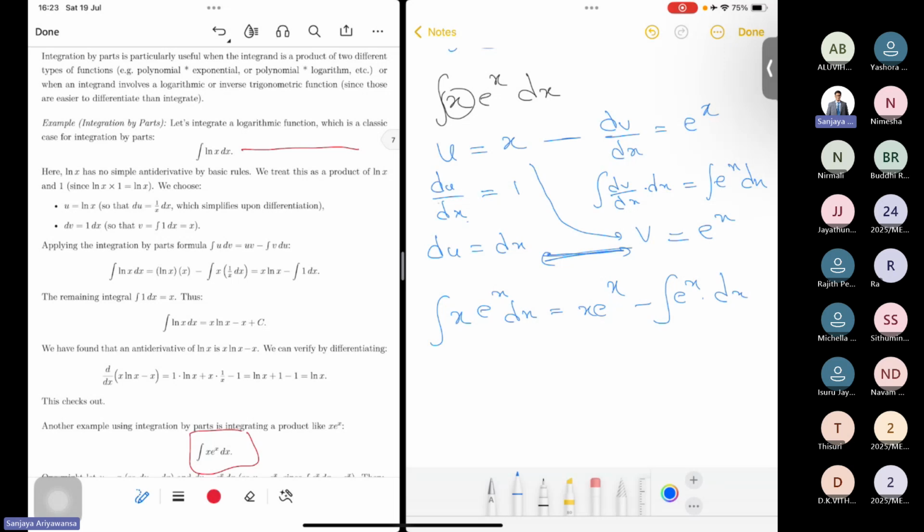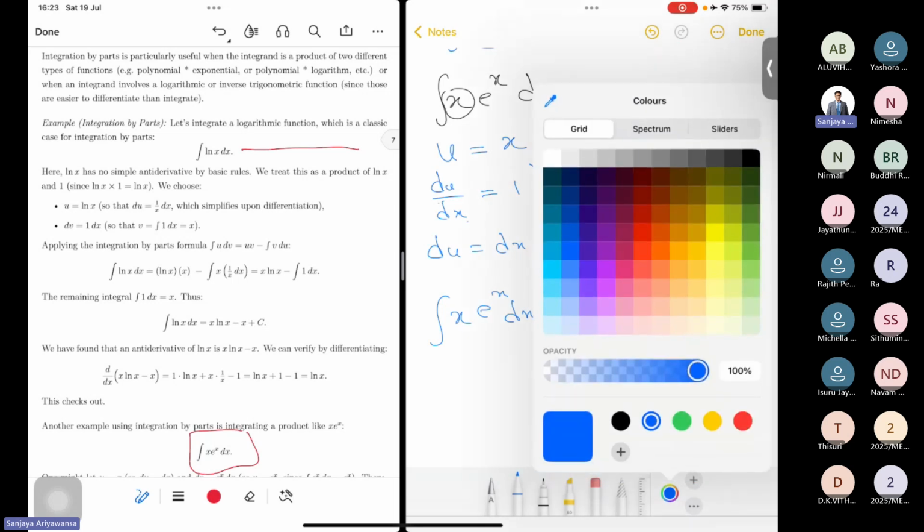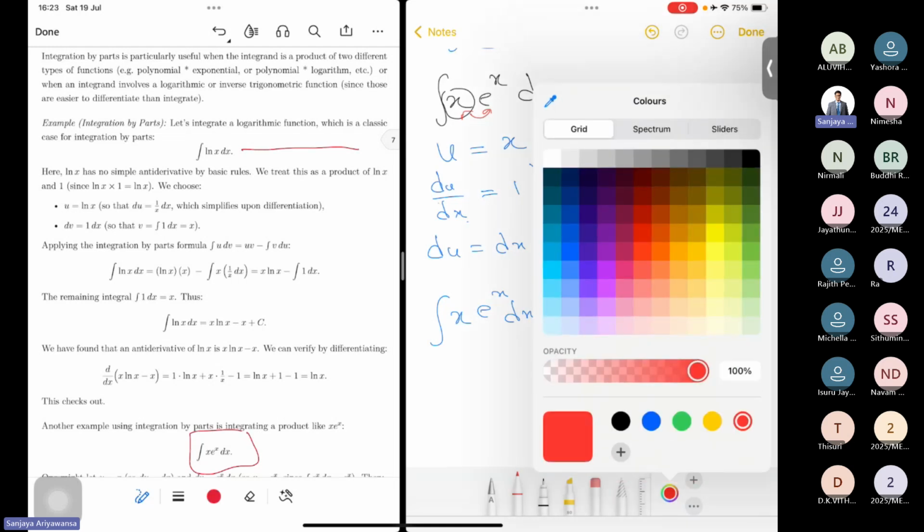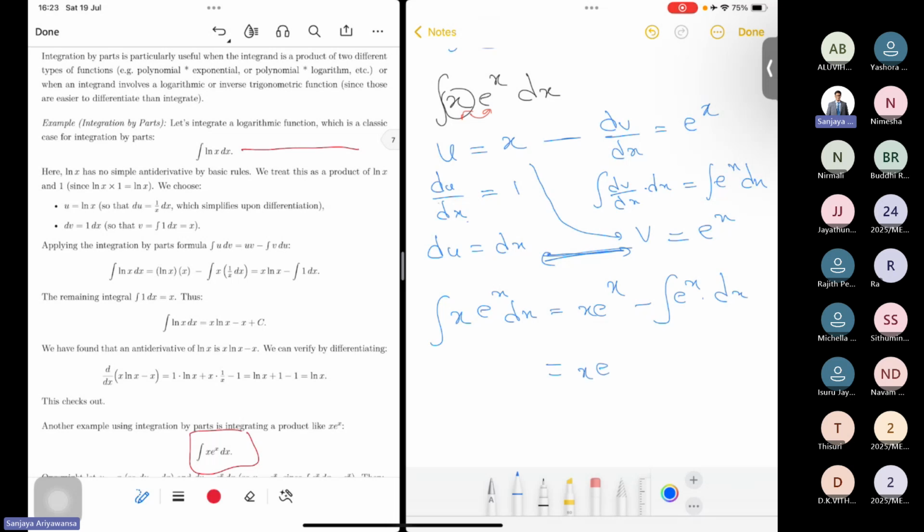Oh, superb. Now I've gotten rid of that multiplication, because my problem here when I see this integration is that there's a multiplication, x times e to the power x, and I can't do anything with that. So now I can. Now it's simply x e to the power x minus the integration of e to the power x, which is e to the power x, using the exponential rule, plus c.